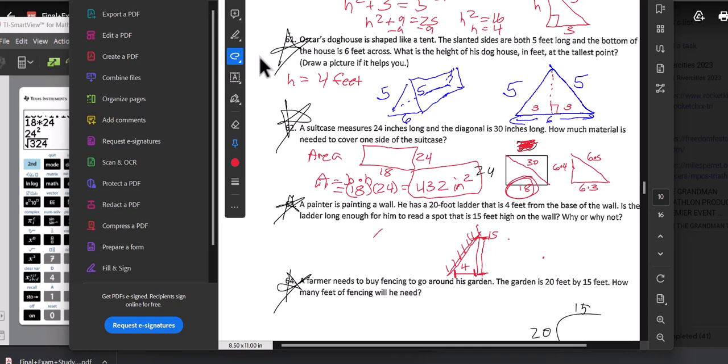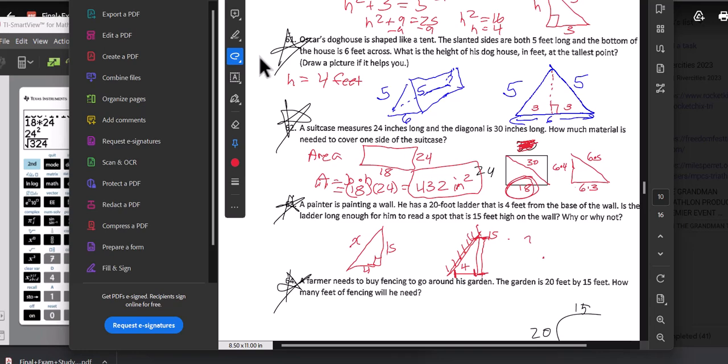So we have a triangle. This side is 4 and this side is 15, and that is a right triangle. So let's see what the length of this side is. And if it's less than 20, we're in good shape. If it's more than 20, we're not in good shape. This is not a 3, 4, 5 triangle. 4 and 15 are not multiples of 3 and 4.